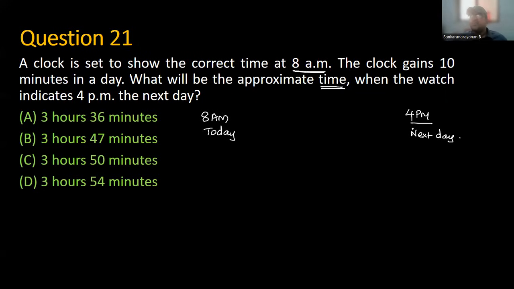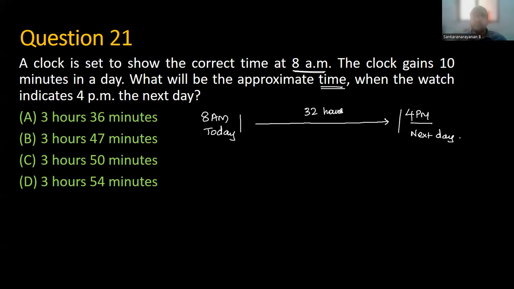From 8 a.m. to 4 p.m., 9, 10, 11, 12, 1, 2, 3, 4, another 8 more hours. So we can see that, considering the clock as the reference, 24 plus 8, 32 hours has happened in the clock.